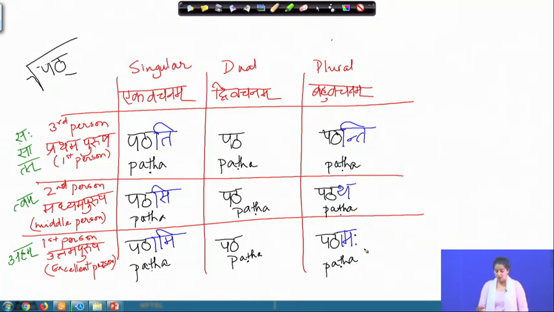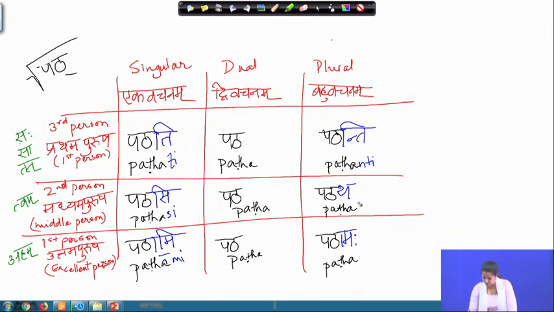Okay. And now what happens, as we have seen, is that it becomes sah pathati, tvam pathasi, aham pathami. So sah pathati becomes te pathanti.